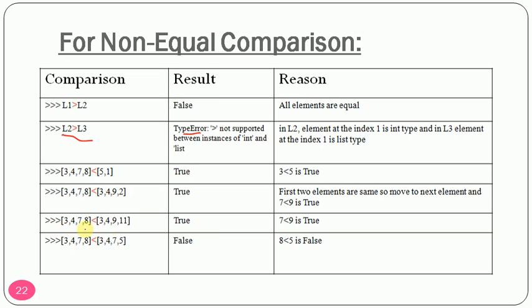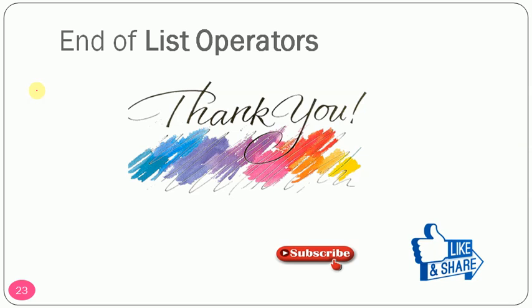So 3, 4 it's okay, both same. 7 and 9, when we compare that, is True. Then [3, 4, 7, 8] and [3, 4, 7, 5], less than is used. Up to 7 it's okay, but when we compare 8 and 5 this is False, so it generates False. This is how the comparison happens.